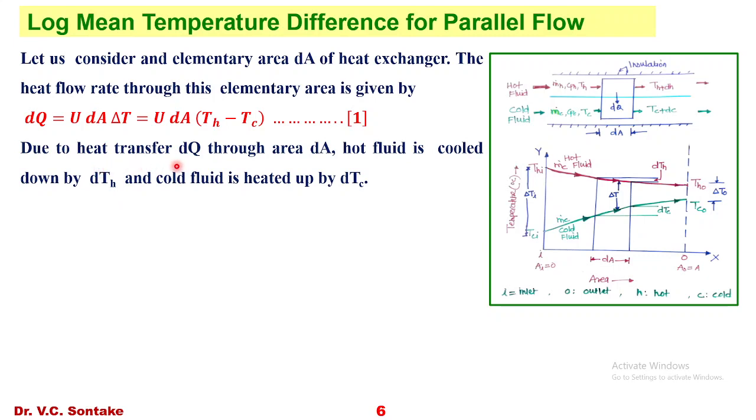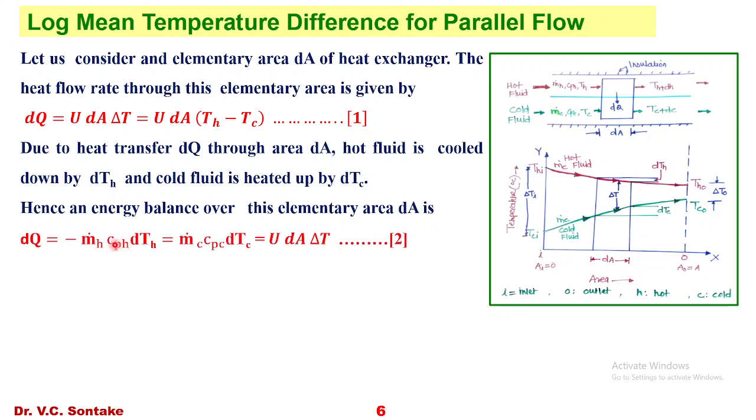Due to heat transfer dq through this small area dA, the hot fluid is cooled down by an amount dTh by giving away its heat to the cold fluid, and the cold fluid is heated up by taking heat, by an amount dTc. Hence, if I apply an energy balance over this elementary area dA of the heat exchanger, it can be given as dq is equal to minus m dot h cph dTh is equal to m dot c cpc dTc.